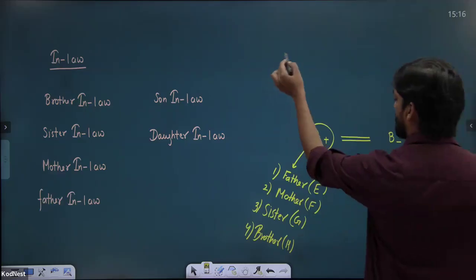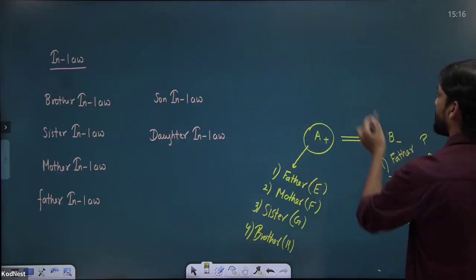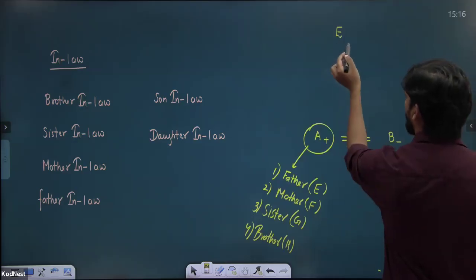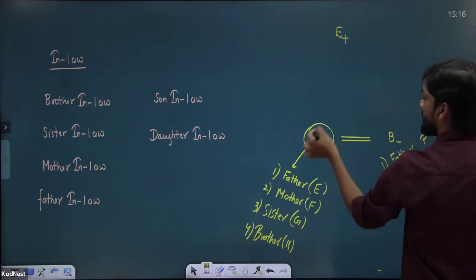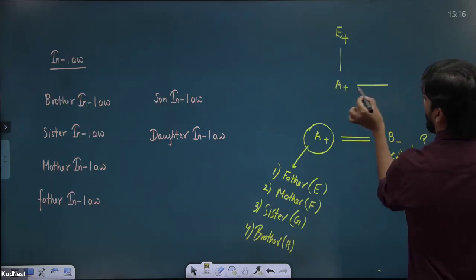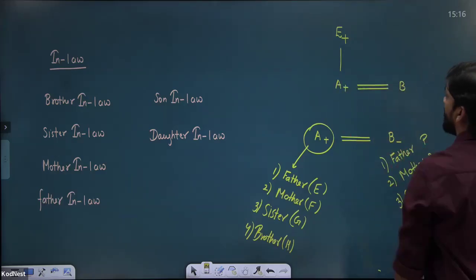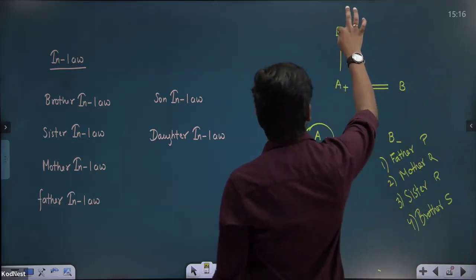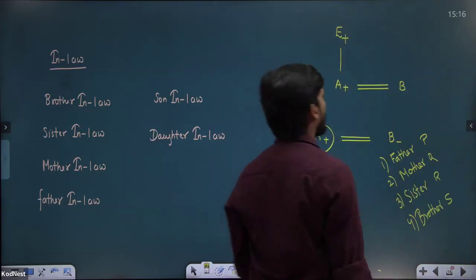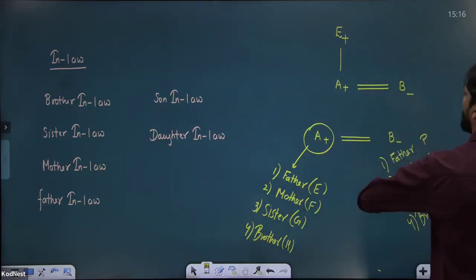You have understood E is the father. Okay, E is the father. So plus E is the father of A. Okay, B is the wife. Now E is the father of husband. So E is the father-in-law for the wife. I want to represent this.